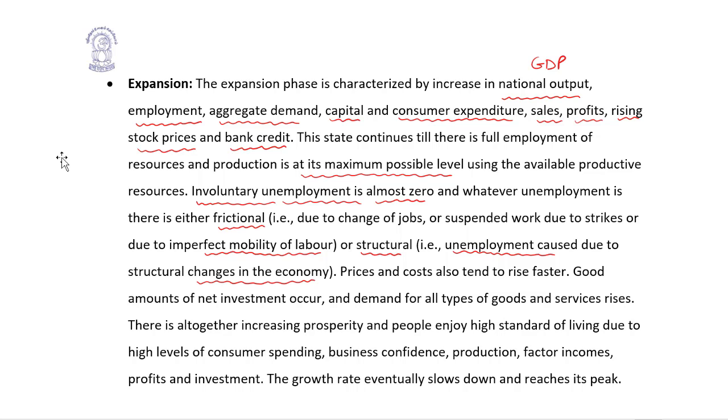A good amount of net investment occurs and the demand for all types of goods and services rises. There is altogether increasing prosperity and people enjoy a high standard of living in case of expansion, due to the high levels of consumer income and consumer spending.